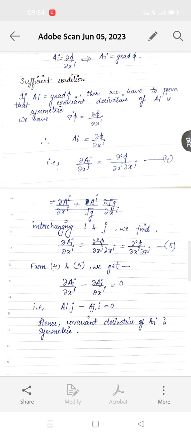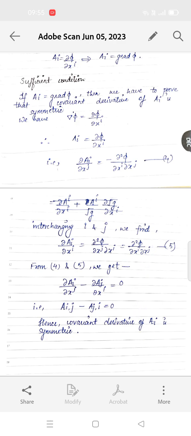Now interchanging i and j, we find that del A_j by del x^i is equal to del square phi upon del x^j del x^i, which is equal to del 2 phi by del x^i del x^j. From 4 and 5 we finally get that A_i,j minus A_j,i is equal to 0. Hence covariant derivative of A_i is symmetric.